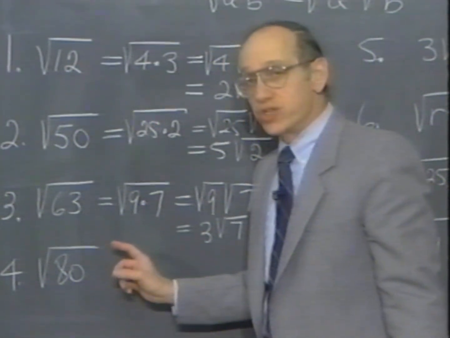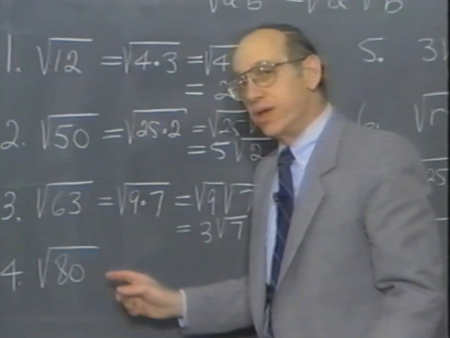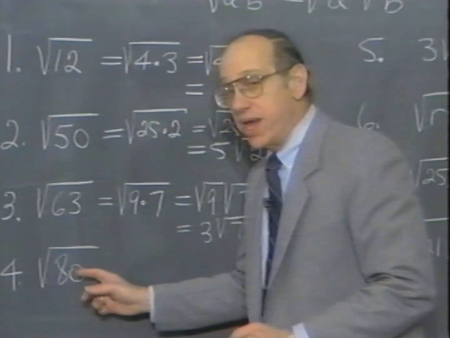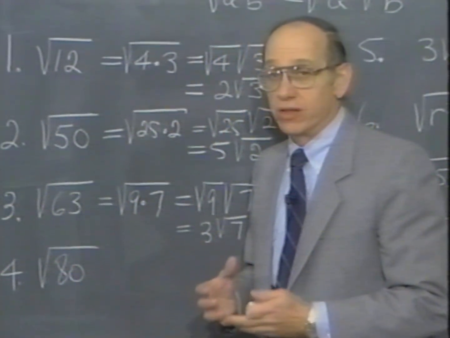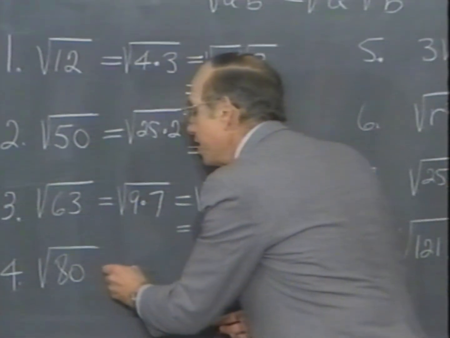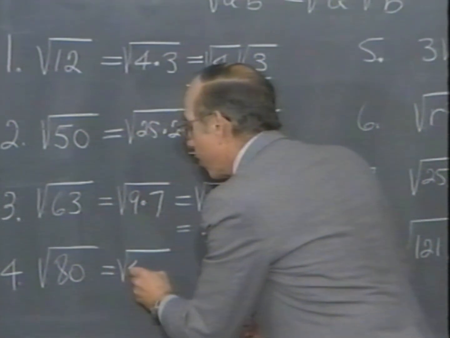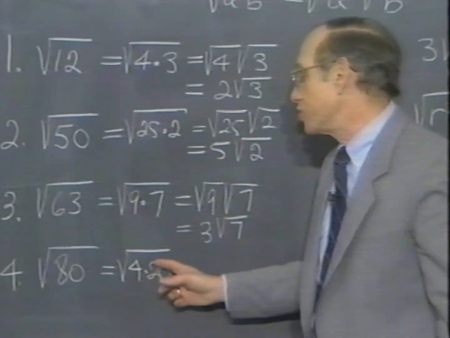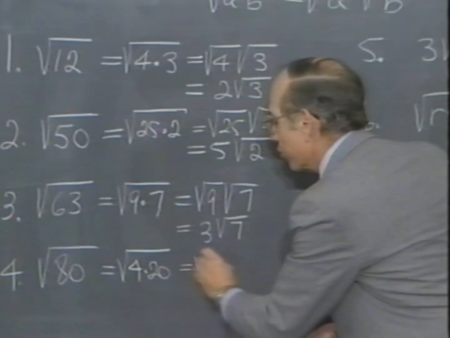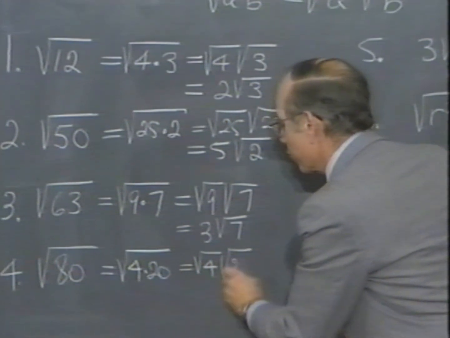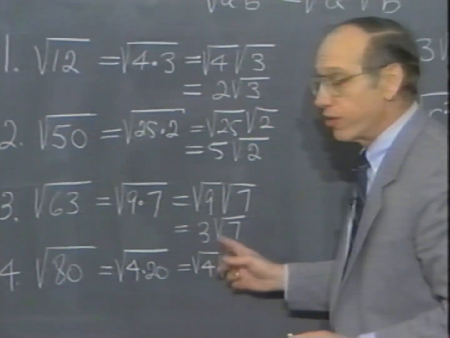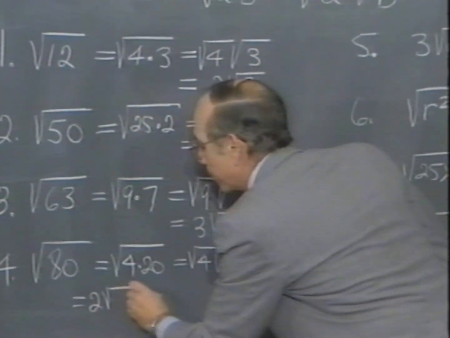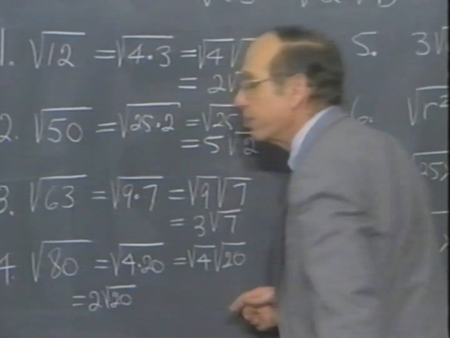Problem 4, we have the square root of 80. Now, here's something you should look for. 80 can be factored in many ways. The first thing that I see that looks easy is 80 could be written as 4 times 20. All right, 4 times 20, that's the square root of 4 times the square root of 20. The square root of 4 I know is 2. So I have 2 times the square root of 20.